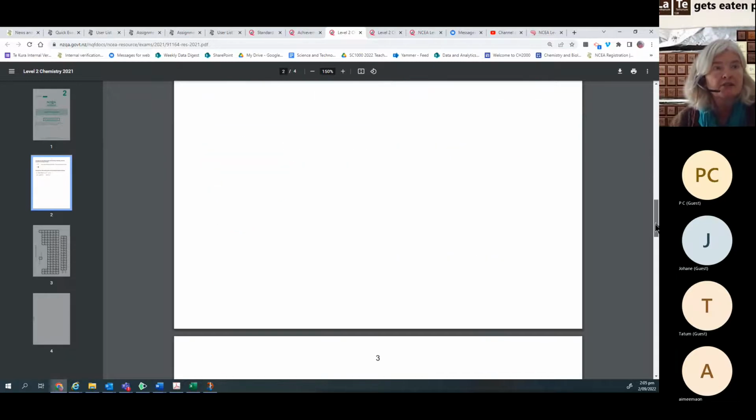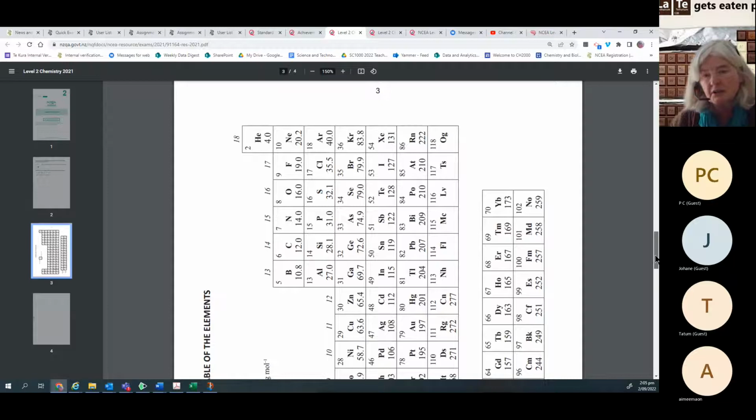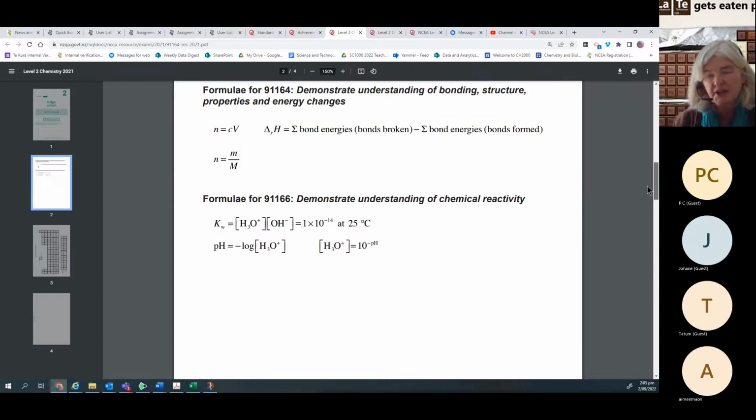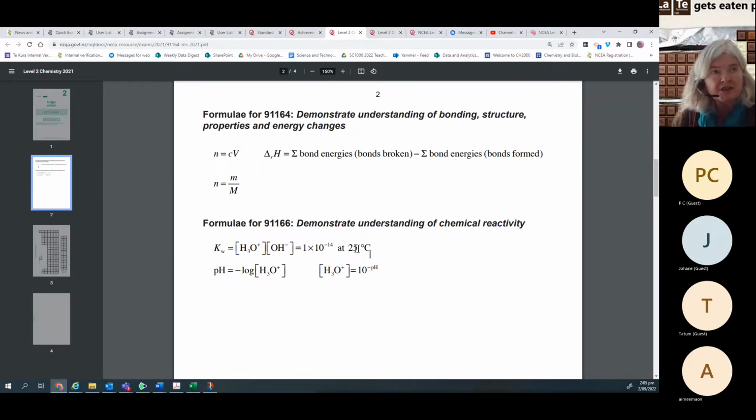You're also given a periodic table, which is not that important for this exam paper. It's more important, say, for the 91164, but definitely use these equations. You hopefully will be able to work out the pH, or if given the pH, work out the hydrogen ion concentration.